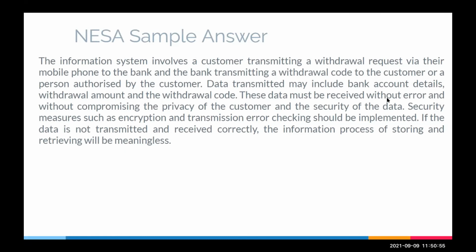These data must be received without error and without compromising the privacy of the customer and the security of the data. Okay, and that's further implications. Security measures such as encryption and transmission error checking should be implemented. If the data is not transmitted or received correctly, the information processes of storing and retrieving will be meaningless.